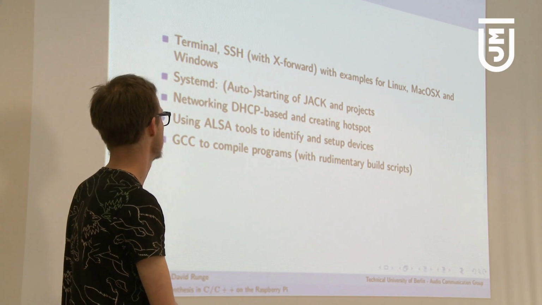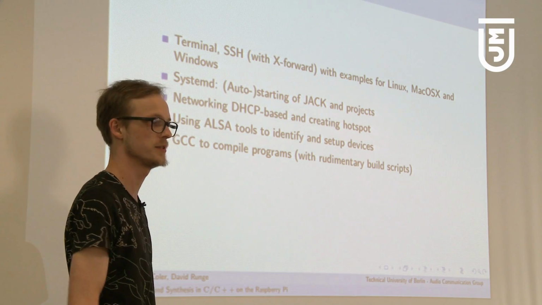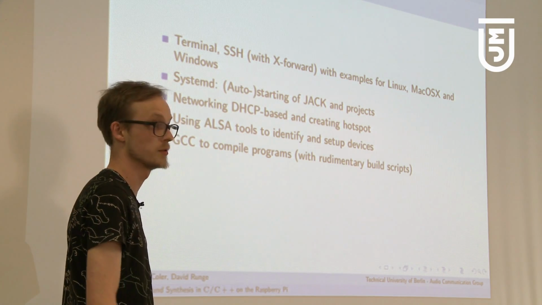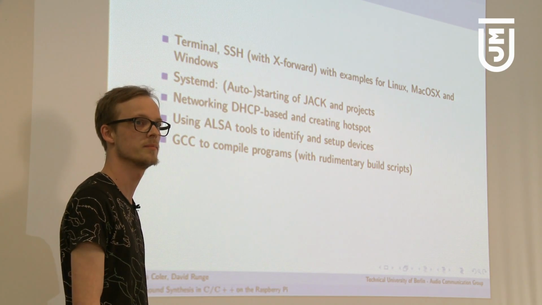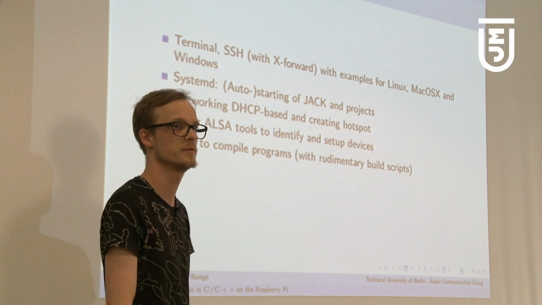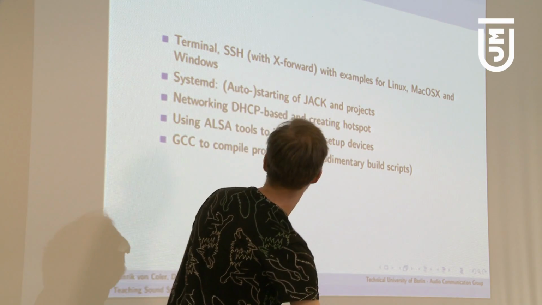And some basic other tools to just find your USB audio devices with ALSA, and then how to compile your code on it if you have never done it with a command line and only through an IDE or something like that.